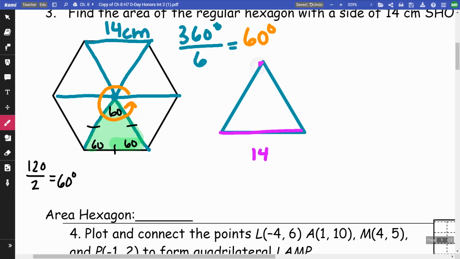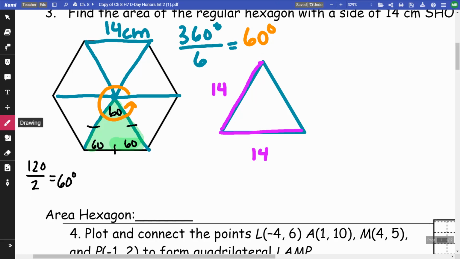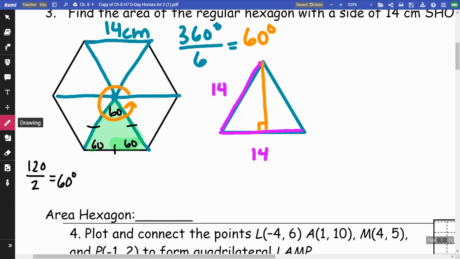I also know that this is 14 because it is an equilateral triangle, and the third side is too. But what I am going to do is split this in half, making a 30, 60, 90. So again, it was 60 across the top here. So when I split it in half, I'm going to get a 30, 60, 90.